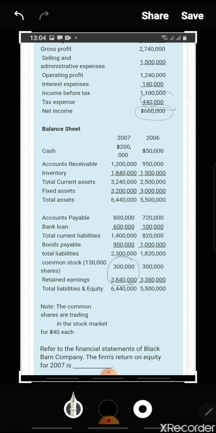Common stock and retained earnings together form your equity. So this will be net income, which is 660 divided by equity. If you calculate this, your answer is coming 16.9%. So you will have 0.169, which means 16.9% is your return on equity.